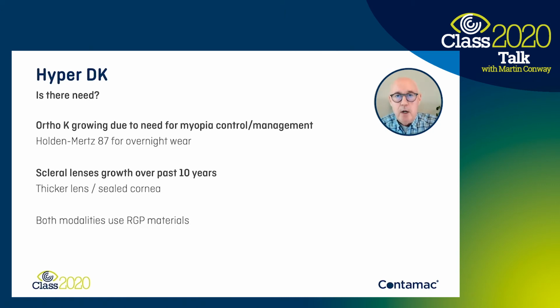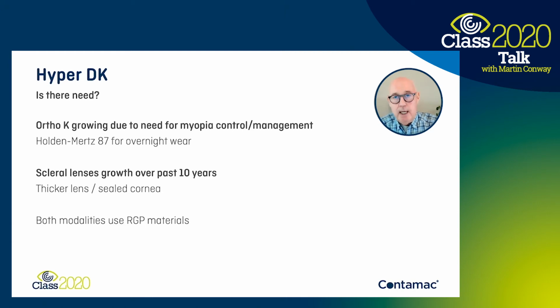There's also been market growth in the use of scleral lenses over the past 10 years. These lenses tend to be thicker. If you thicken the lens, you increase the t, you reduce the Dk over t getting through to the cornea underneath. They also tend to be fitted with a much higher vault than a GP lens, and so the barrier of the tear lens, the liquid lens, to the cornea also needs to be included in that equation.